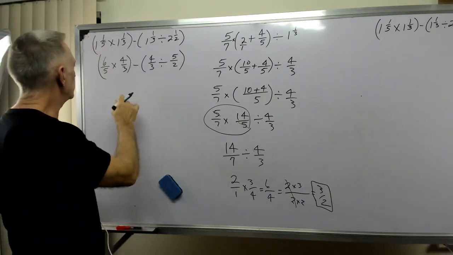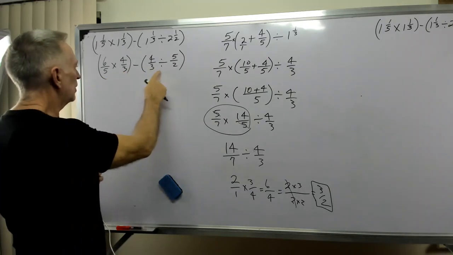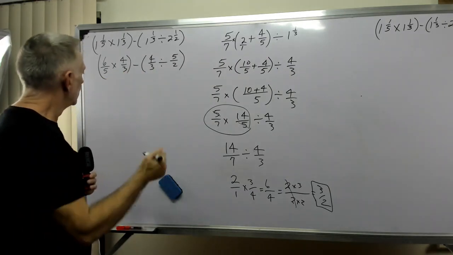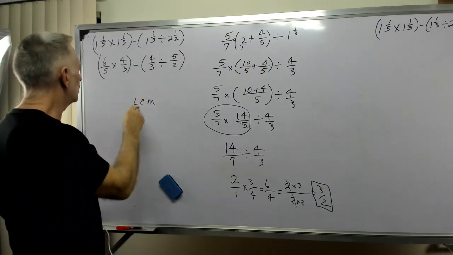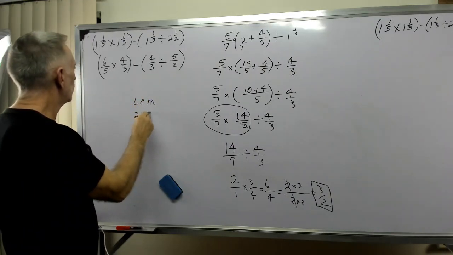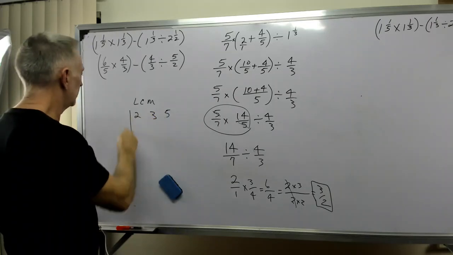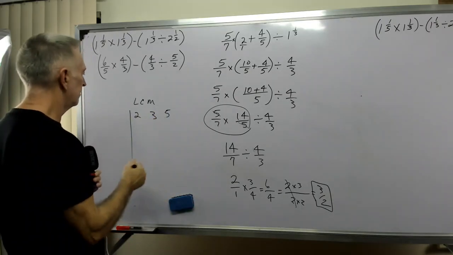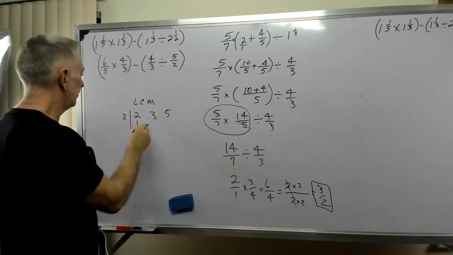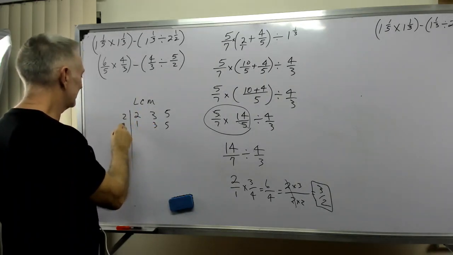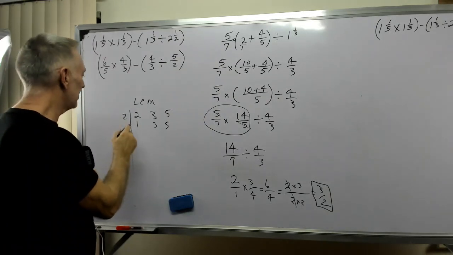All right, you'll notice you have a 5, 3, 3, and 2. So a person might say, what's the least common multiple of a 2, 3, and a 5? I think I know what it is. Well, we'll just see how it works out. It's going to be 2 times 3 times 5.